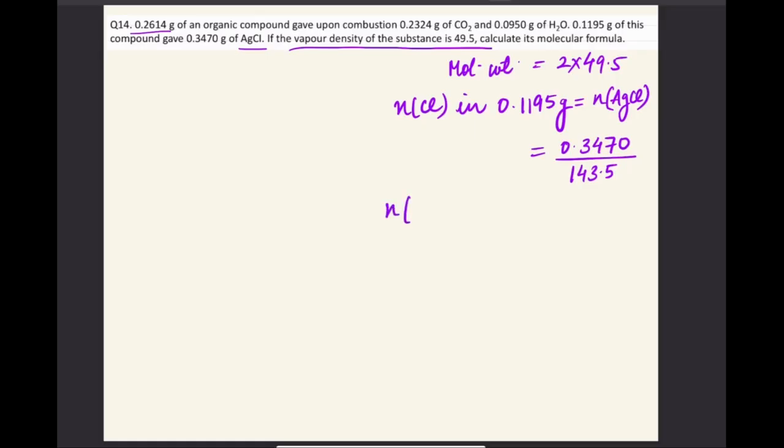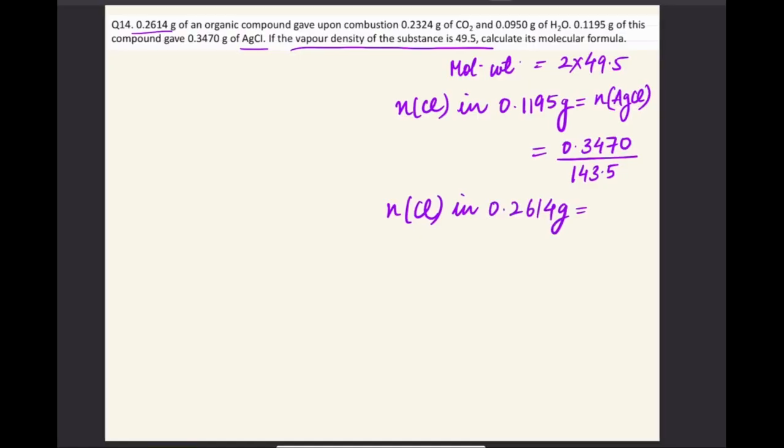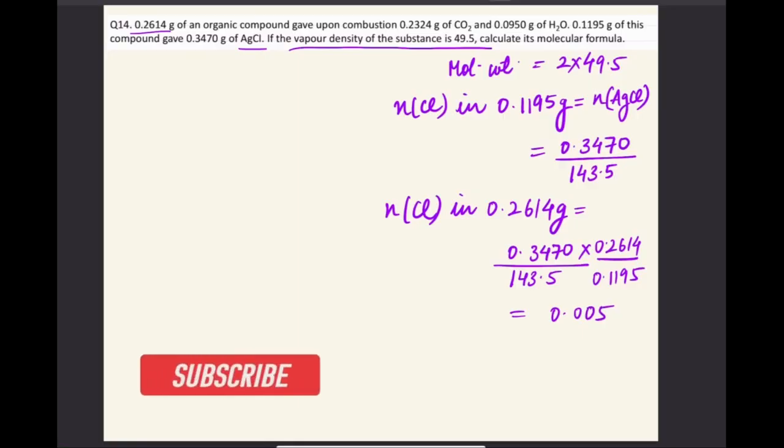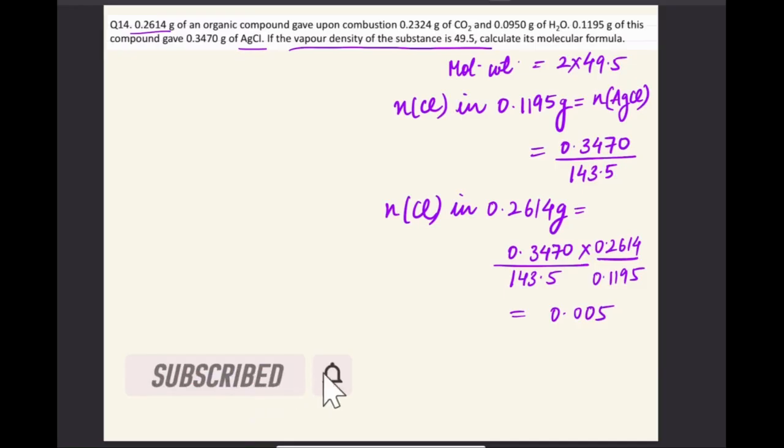Therefore, moles of chlorine in 0.2614 gram of the substance will be equal to 0.3470 divided by 143.5 into 0.2614 divided by 0.1195, and this is equal to 0.005 moles. So this is the moles of chlorine present in 0.2614 gram of the organic compound.